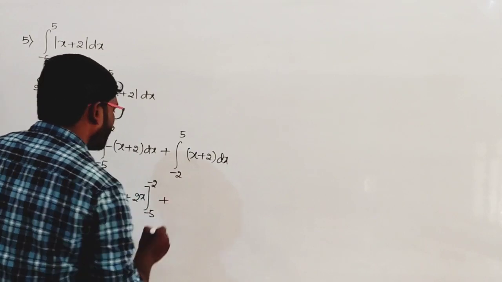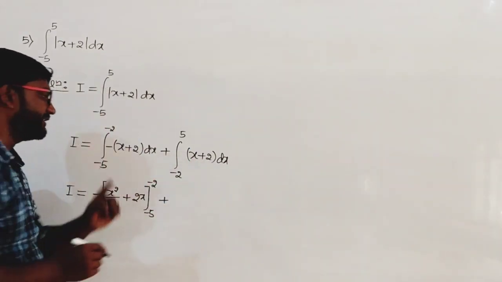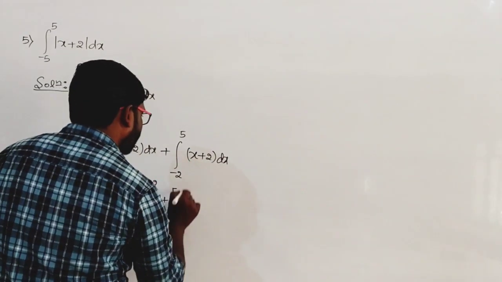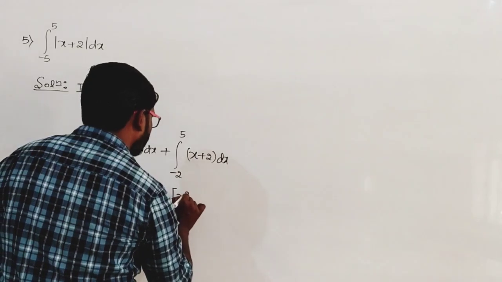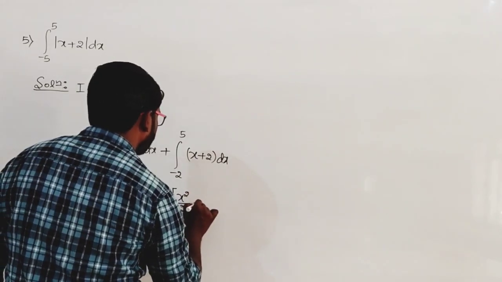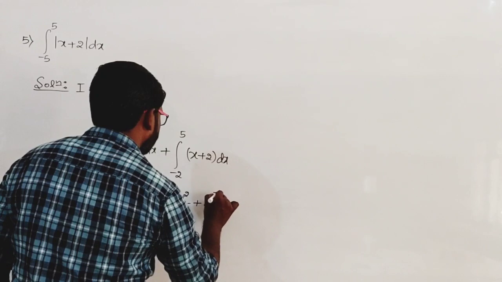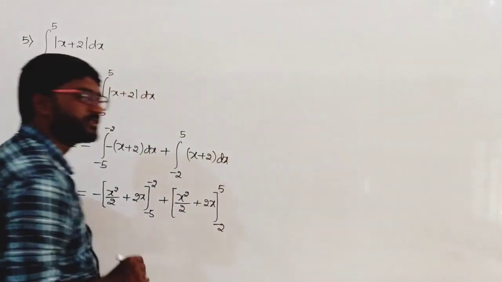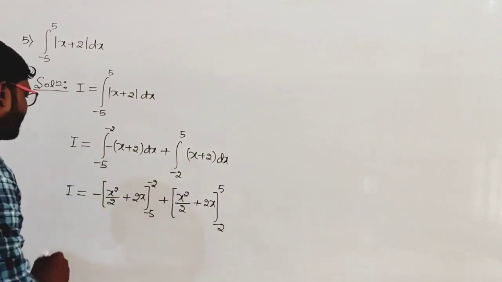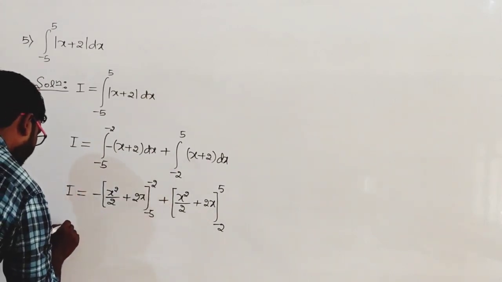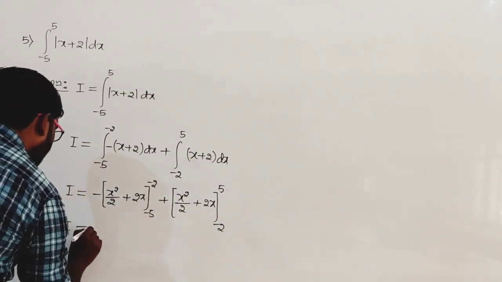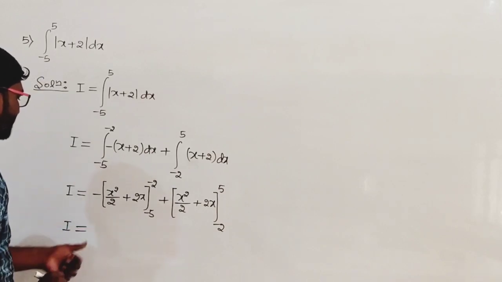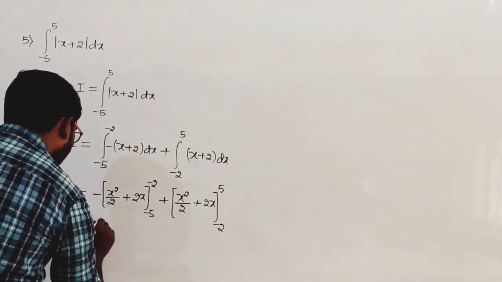Now plus, integrate these two terms: the integration of x will be x square by 2, plus 2x, then apply the limit, minus 2 to plus pi. Now simplify this. Now here you have the minus sign, so it has to be the upper limit minus the lower limit.